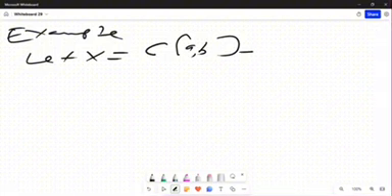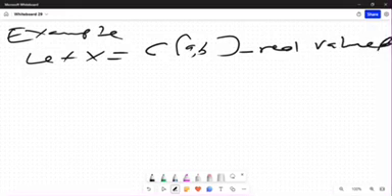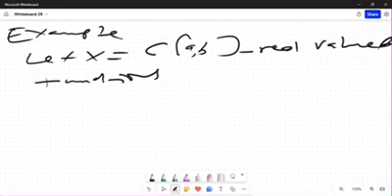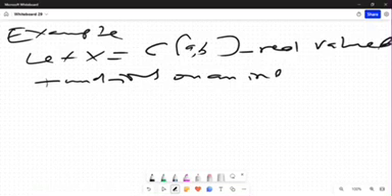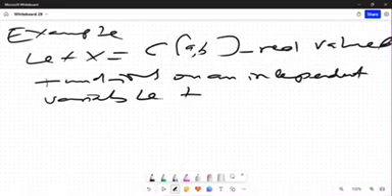This denotes the set of real valued functions on an independent variable t, and also continuous.